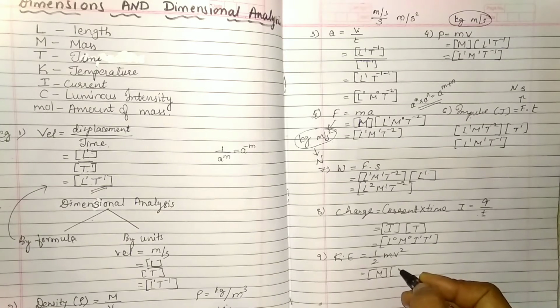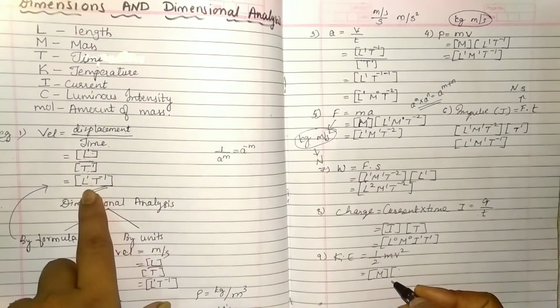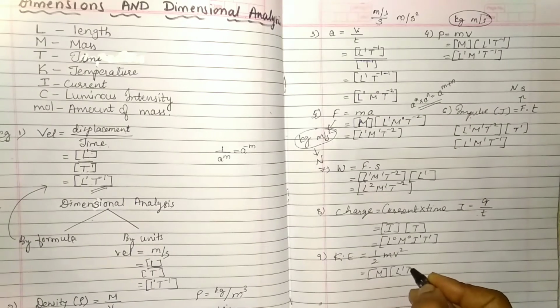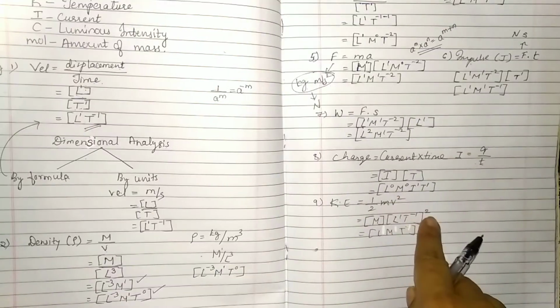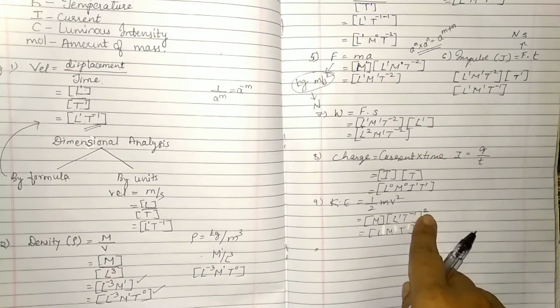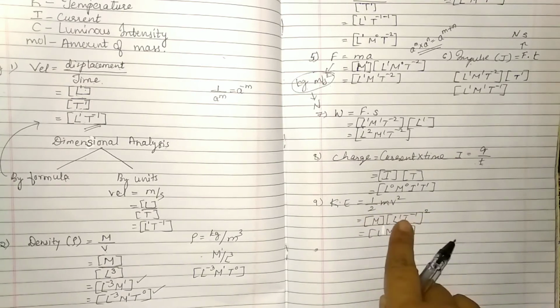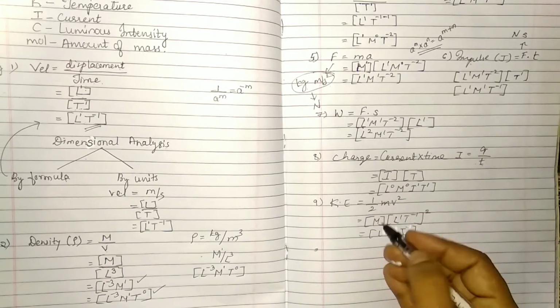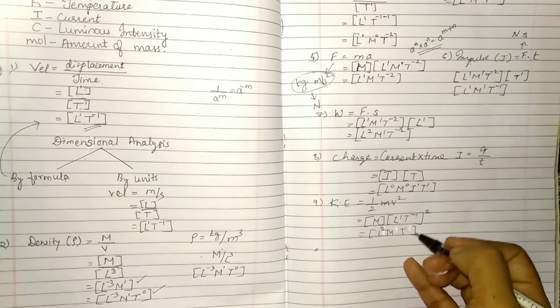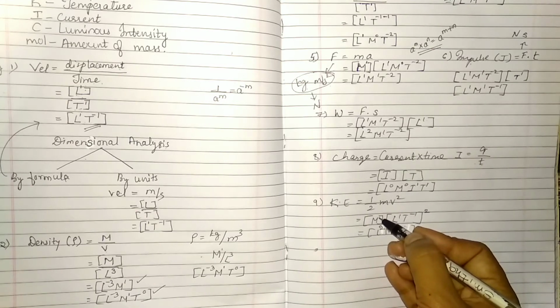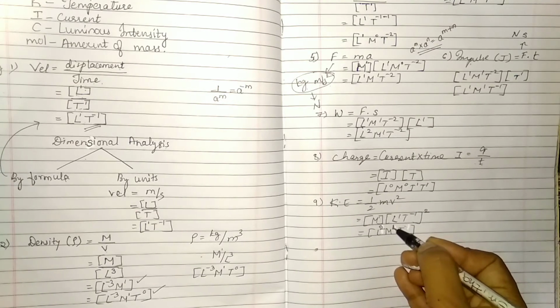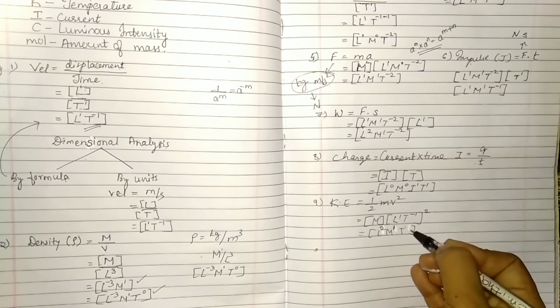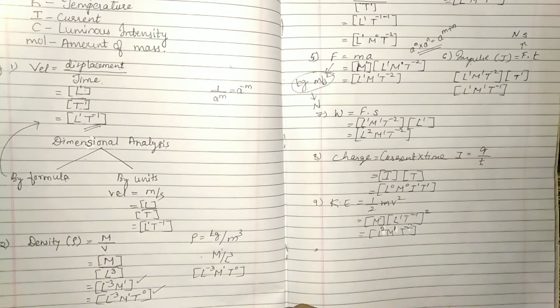Velocity is in terms of L1 t raised to minus 1. Square is there, so we have to take the square over here. If you combine all these things, 1 into 2 is 2. Then m is 1 itself, so 1. And t minus 1 into 2 is minus 2. So the dimensions of kinetic energy are L2 m1 t raised to minus 2.